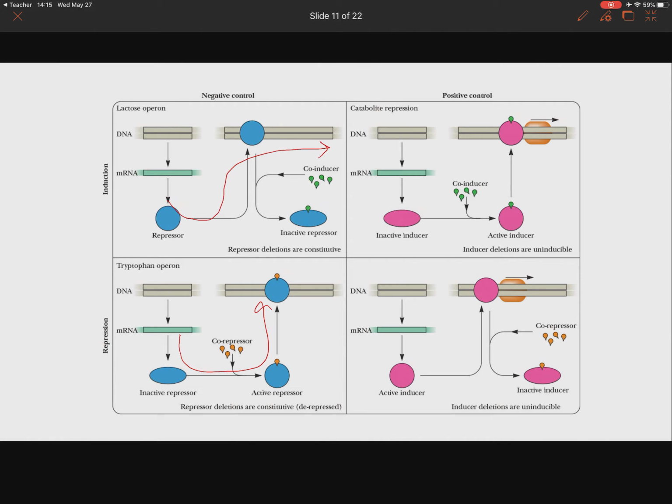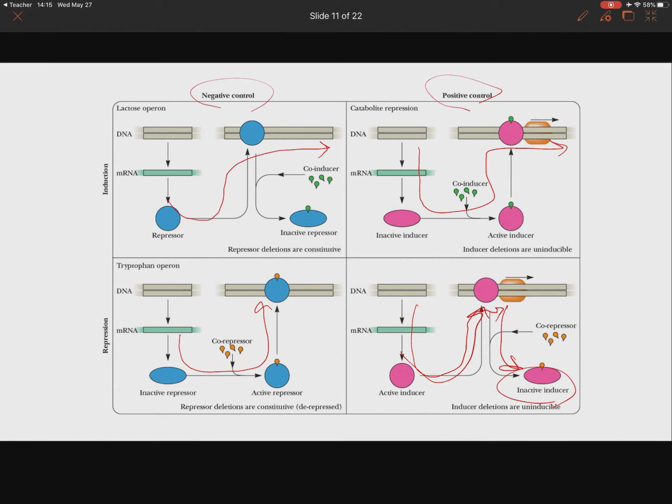And then as far as inducing a gene to turn on, you can have an inactive inducer that gets activated to turn the gene on, or you can have an active inducer that normally represses, and then an inactive inducer would cause this to come off and give a positively controlled, or turned on, gene.